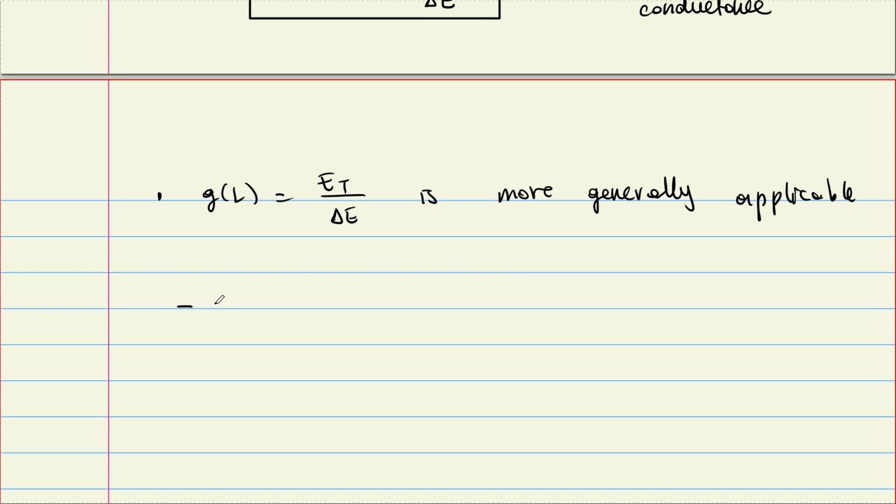Let's consider a good metal. In a good metal, a very good conductor, this dimensionless conductance G should be much larger than 1. That means E tau s should be much bigger than the energy level spacing. And this means there is some spectrum, something like that, maybe.